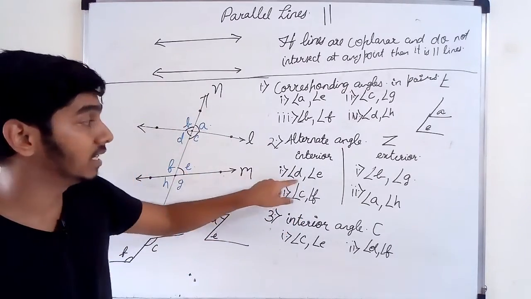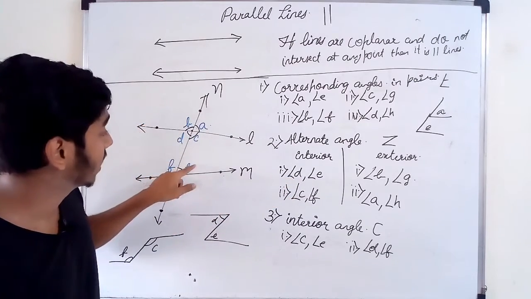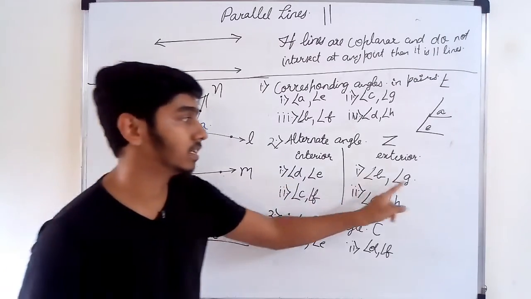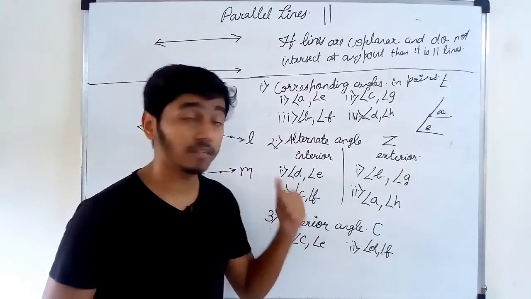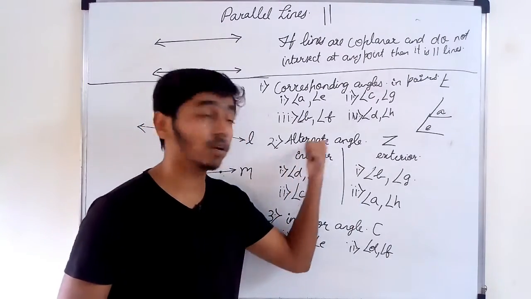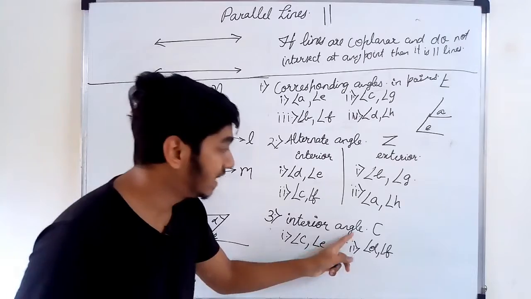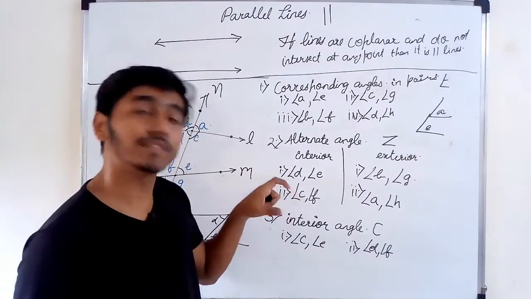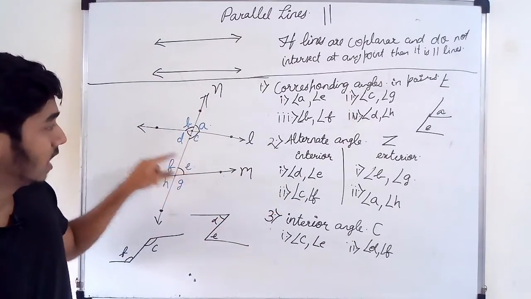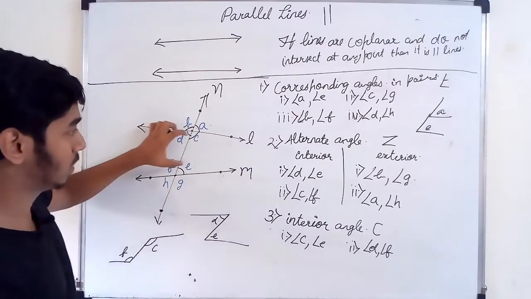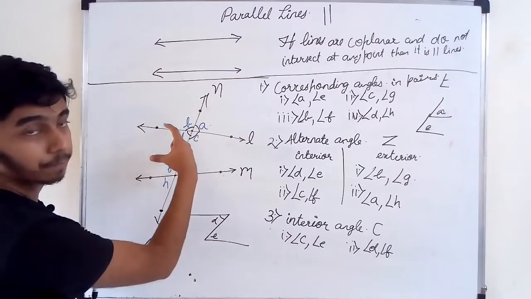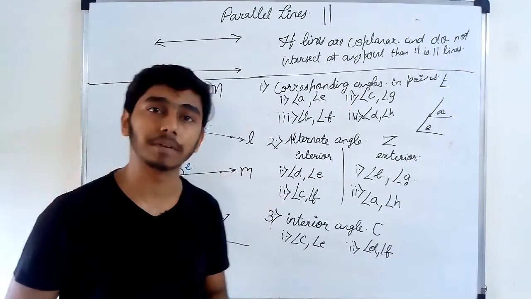The exterior of D is B, and the exterior of E is G. So B, G. Then what is interior angle? Think of a C. So C, E and D, F. This way and this way, two pairs will be formed.